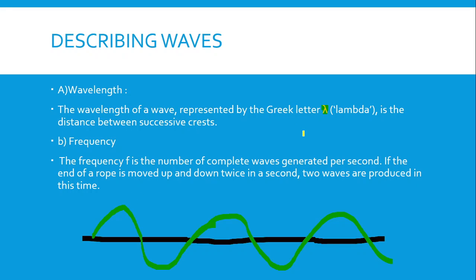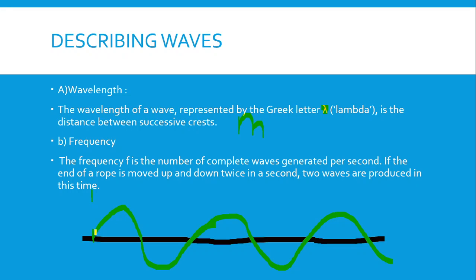Now, what exactly does the distance between successive crests mean? This crest starts over here, and we are talking about the distance, which is going to be in meters or centimeters, whatever unit we take. But we're talking about SI units, so let's go with meters for now.